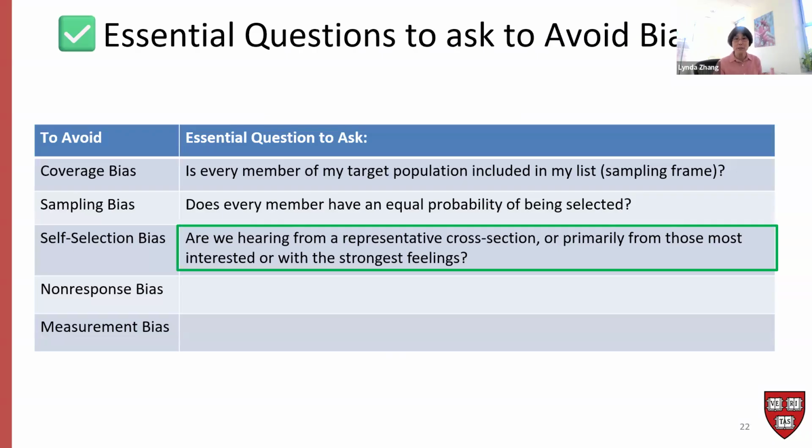So the critical question becomes, are we hearing from a representative cross-section or primarily from those most interested or with the strongest feelings? This bias is really related to people's opinions and feelings.